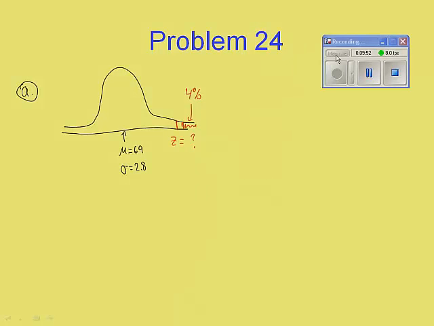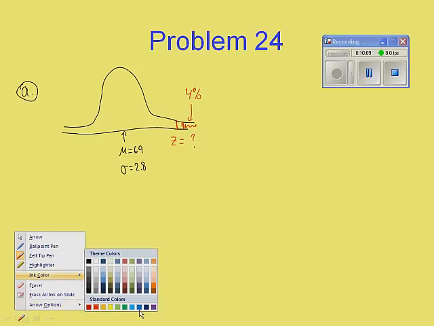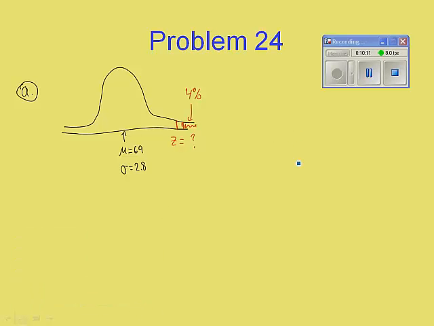Okay. Well, if I were to look on the corresponding Z curve, it looks like that.